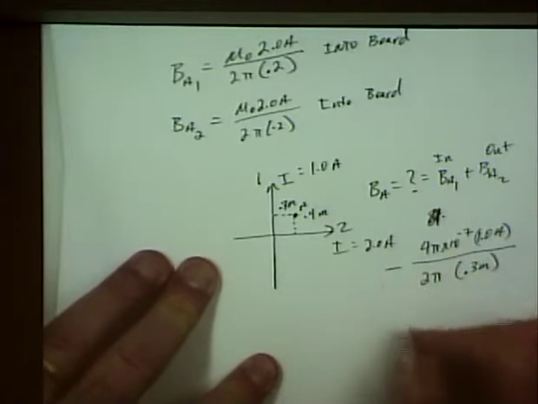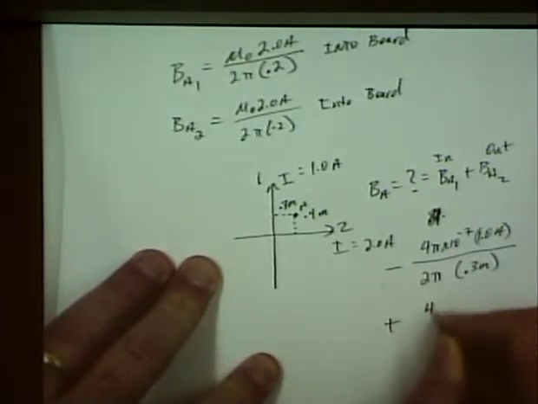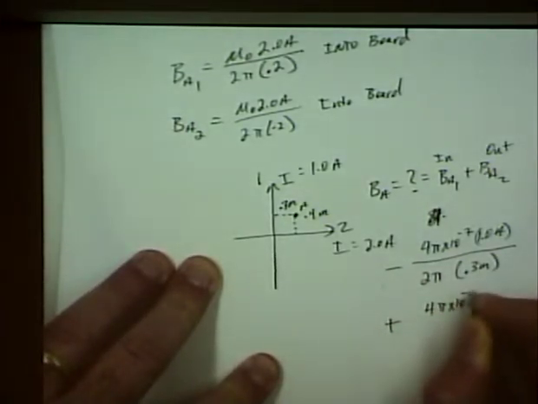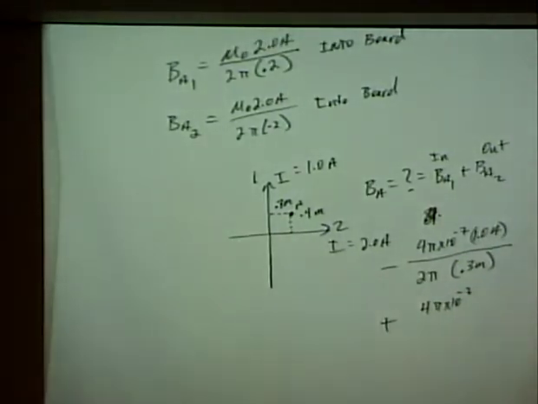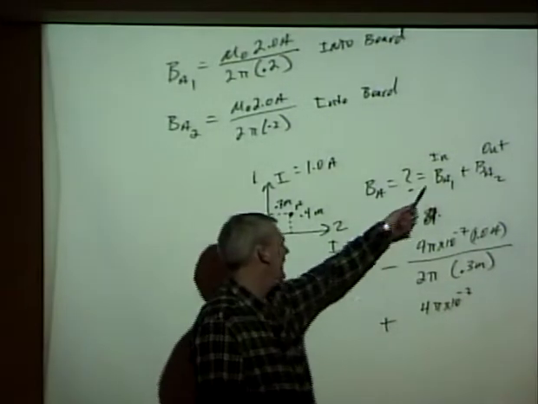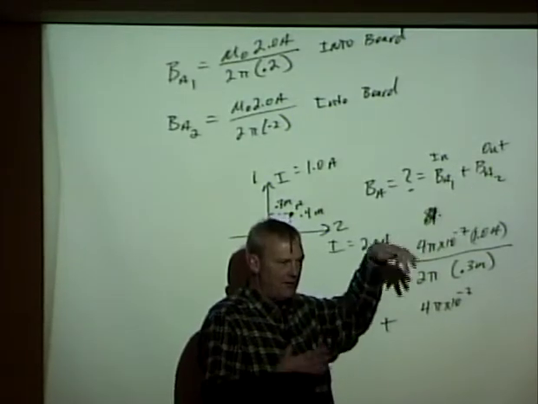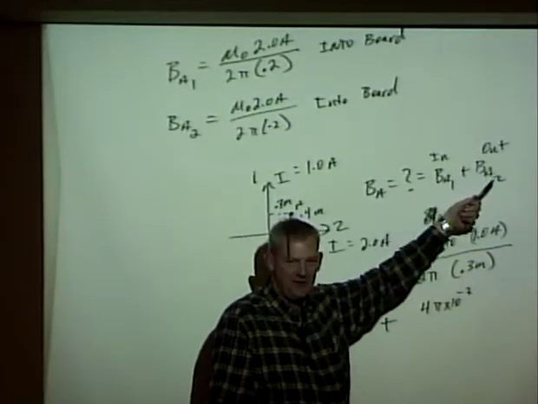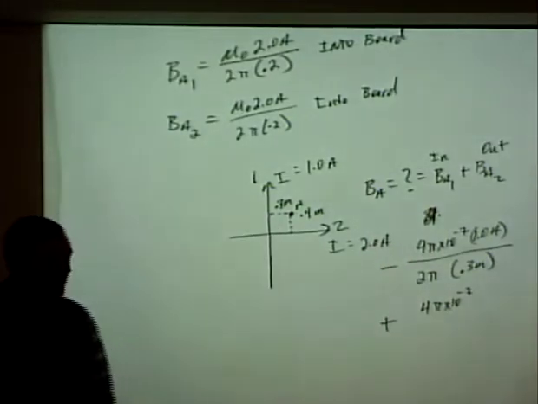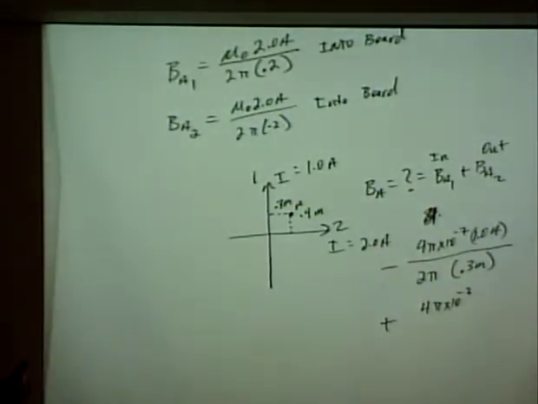This will be negative plus 4 pi. Because it was for the going in, I decided to make the in negative and the out positive, because they're going in different directions. You can make the in positive and the out negative. Doesn't matter. Just make sure they're going in opposite directions, so they're not helping each other out.